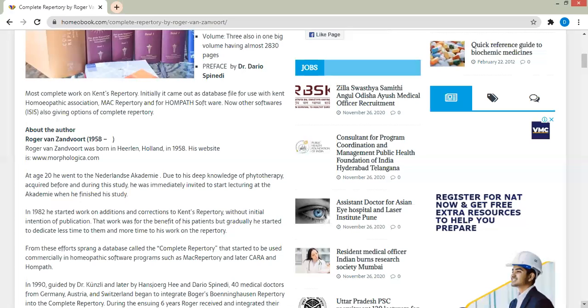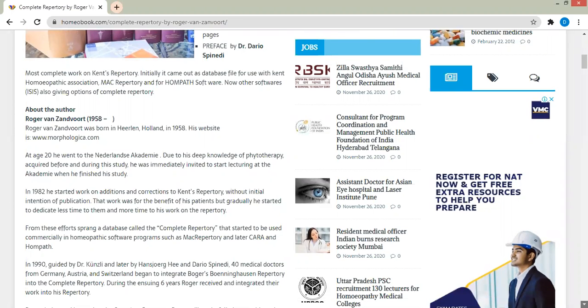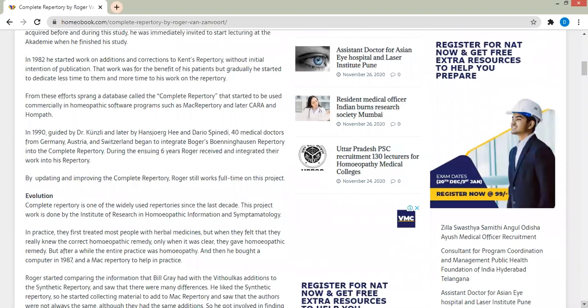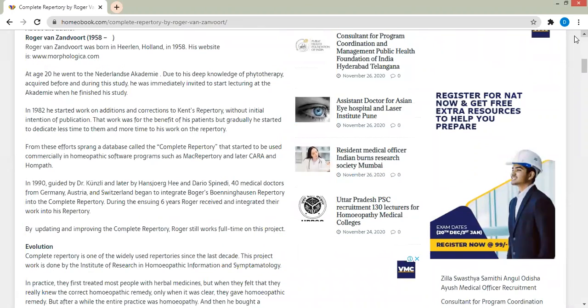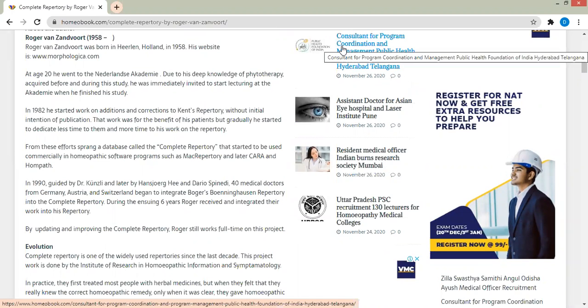That work was for the benefit of his patients, but gradually he started to dedicate less time to them and more time to his work on the repertory. Slowly, as he gave more time to his work and less time to patients, his work became more complete. From these efforts sprang a database called Complete Repertory.